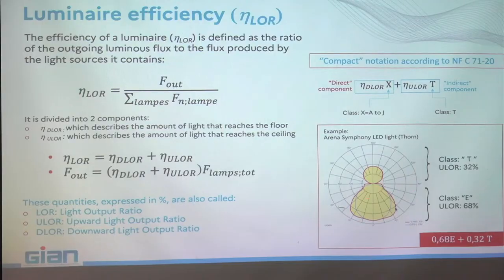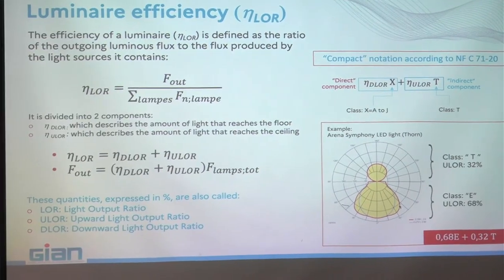If someone tells me this luminaire is 068E plus 032T, I have everything I need to size my system without using a computer, just with pencil and paper, or an Excel file if you want, and a calculator. I don't need the IES file in that case, but to define those letters, the manufacturer needs to have the IES files somewhere.